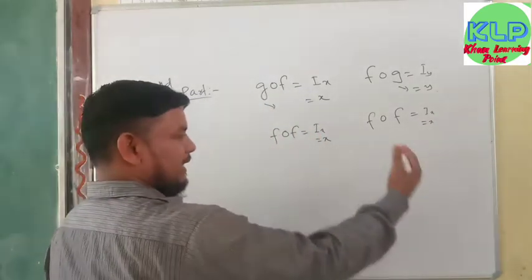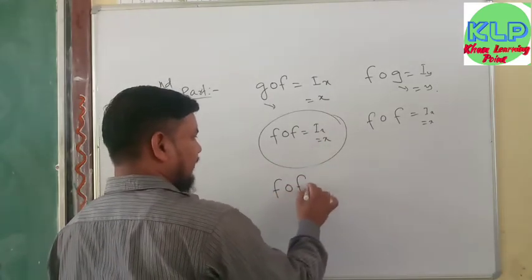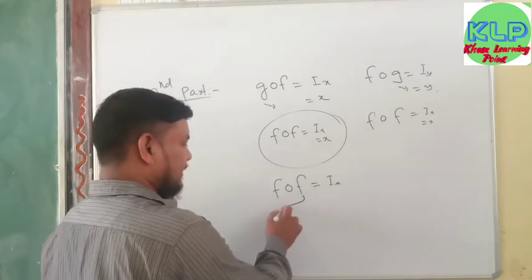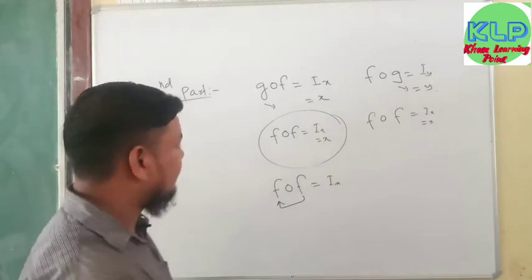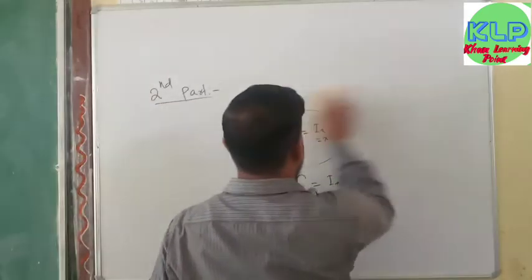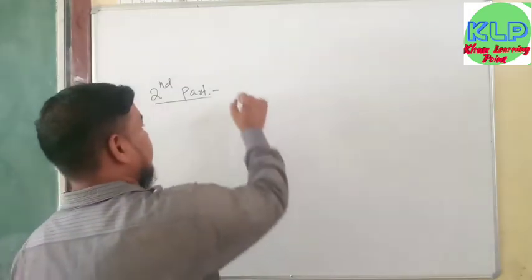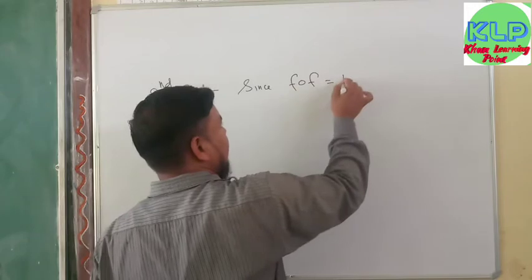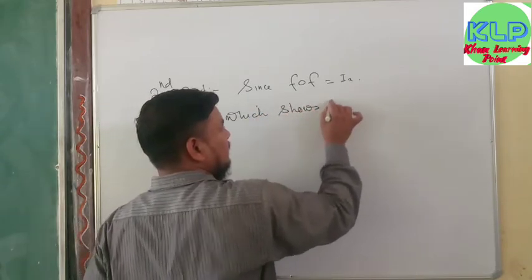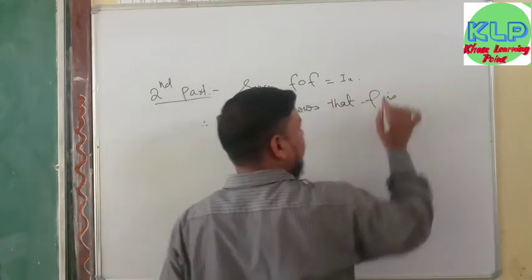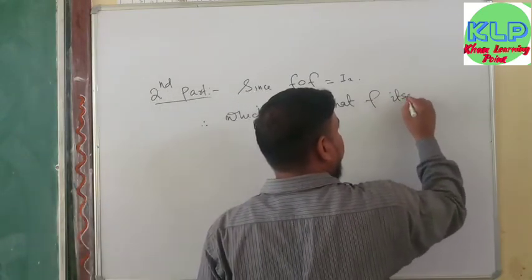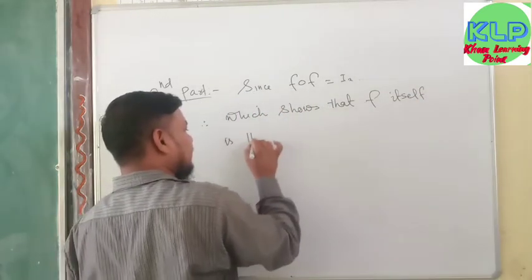So ultimately, what have we got from the proof done earlier? We got f of f is equal to x, the identity element, and which shows that f itself is the inverse of f. Since f of f is equal to I_X, which shows that f itself is the inverse of f.